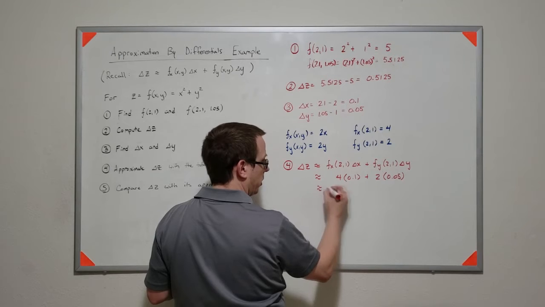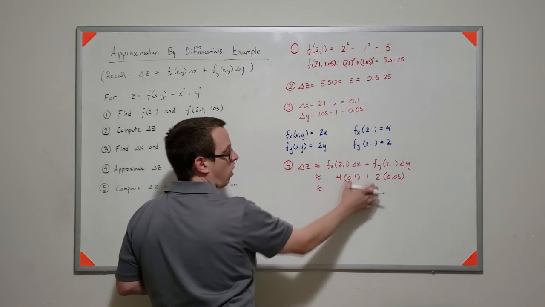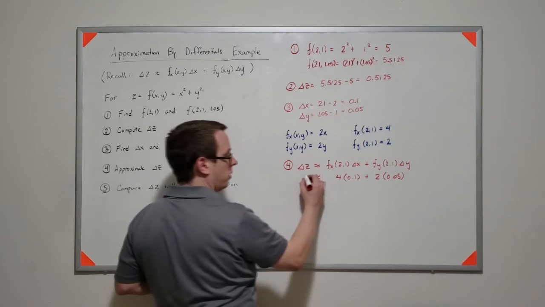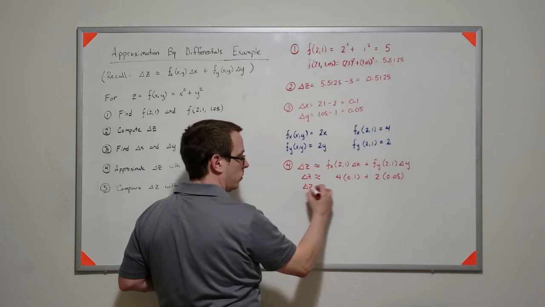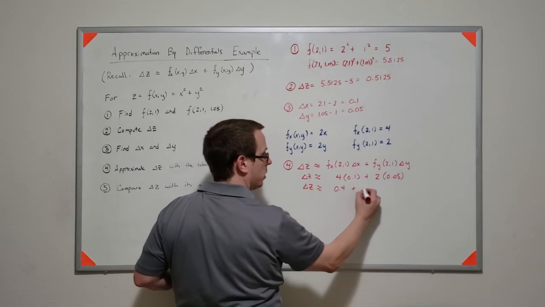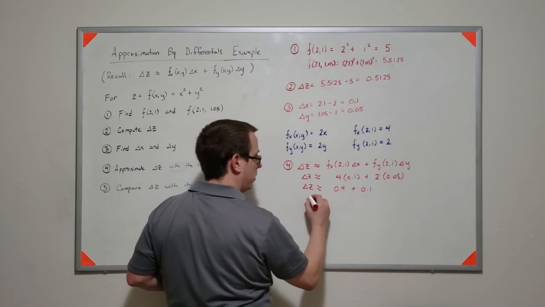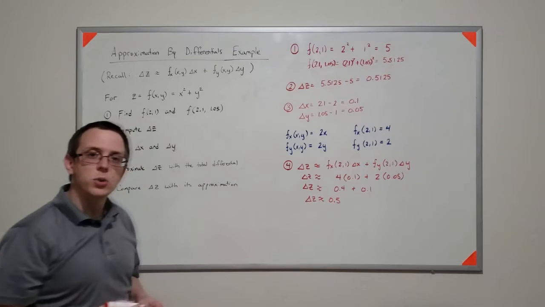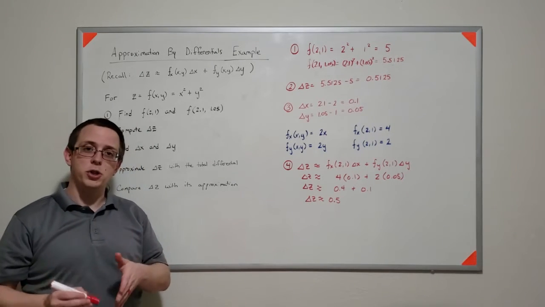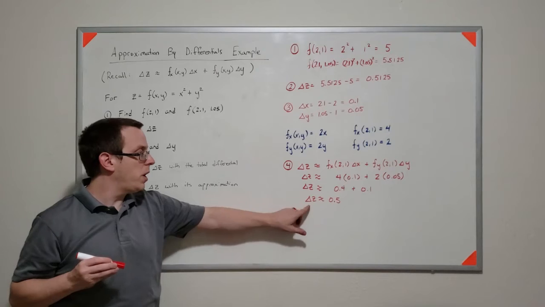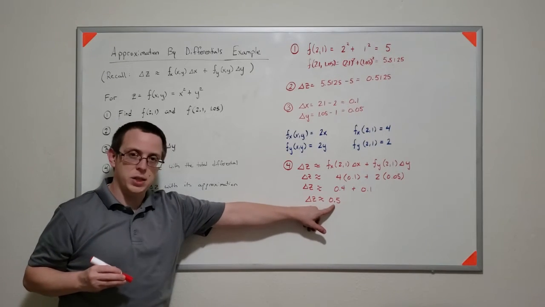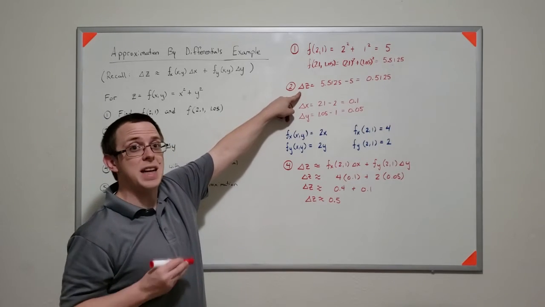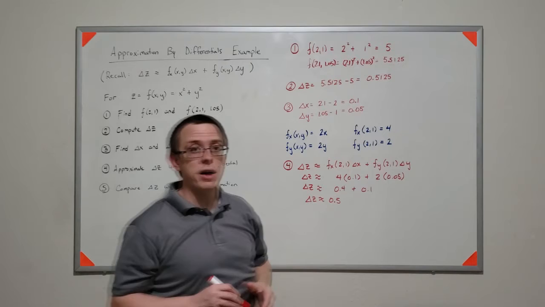Really this is an equality, but we're keeping the approximation because ultimately it's approximately delta z. That's 0.4 plus 0.1, so delta z is approximately 0.5. By using the total differential, we approximate that increment of z as 0.5. But the actual change in z is 0.5125.